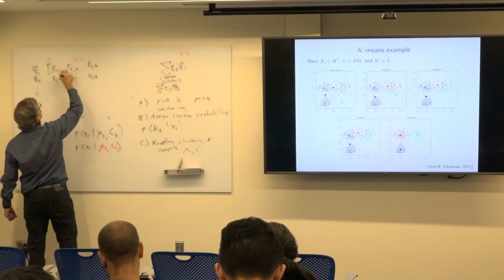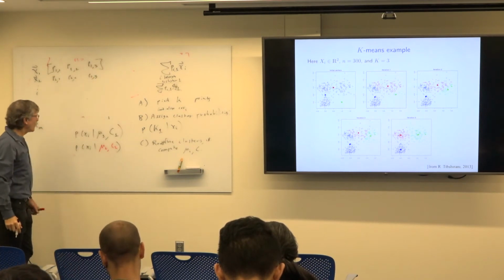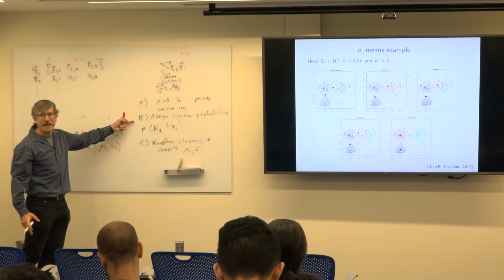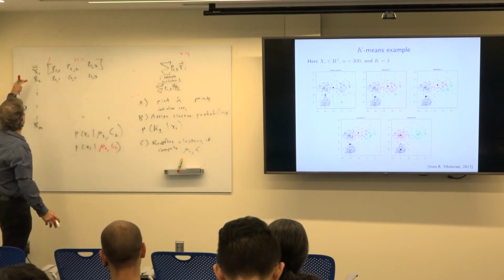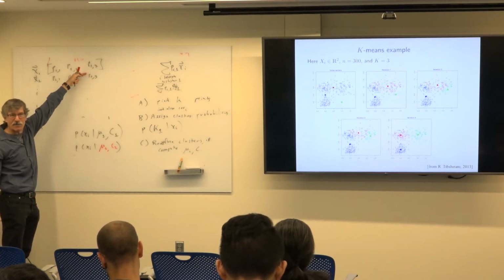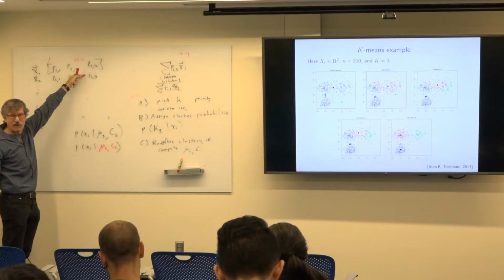So this is a probability distribution that we computed in step B, which is this point might belong to cluster 1, might belong to cluster 2, might belong to cluster 3. And so I computed those three likelihoods, and I divided by their sum, I turned it into a probability distribution. Okay?